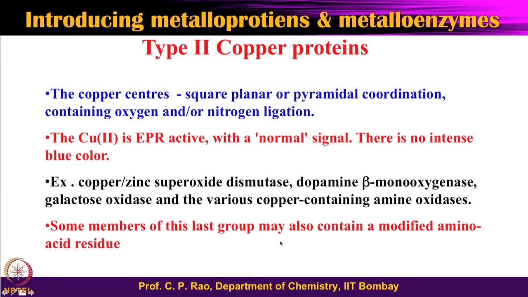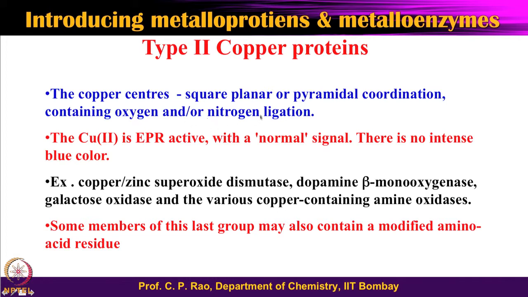Now, having looked at some general features of type 1, let us look at the general features of type 2, then we will see type 3, combined types, and all new kinds of types, and then we will go into details of each one. In type 2, you have a coordination close to square planar or square pyramidal, containing oxygen and nitrogen, with no thio group.